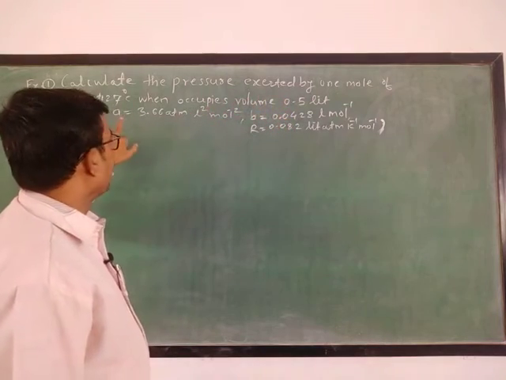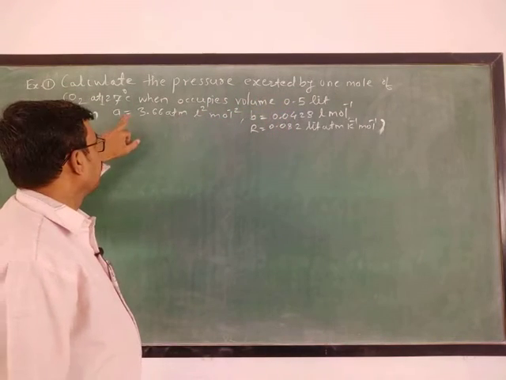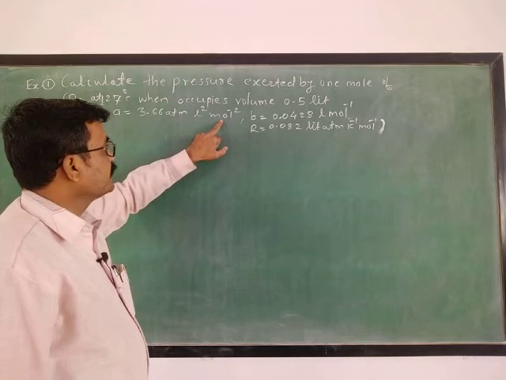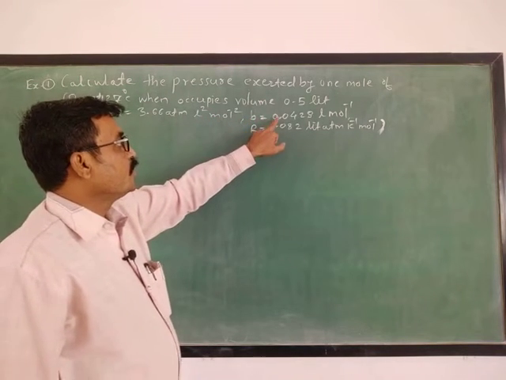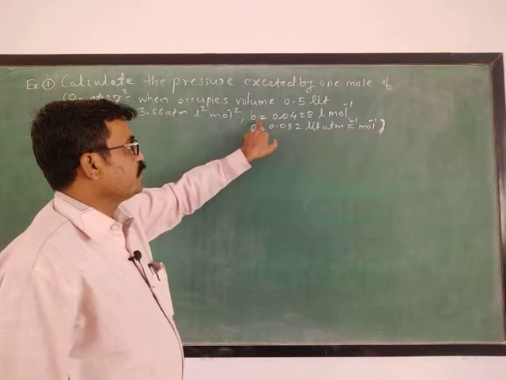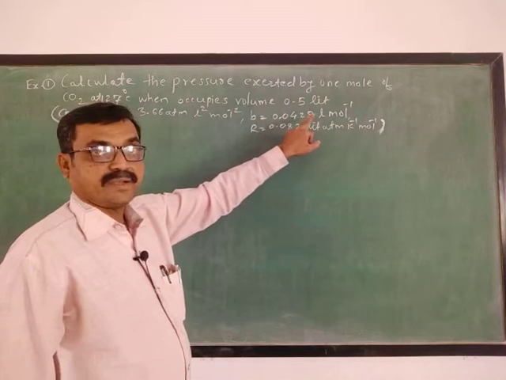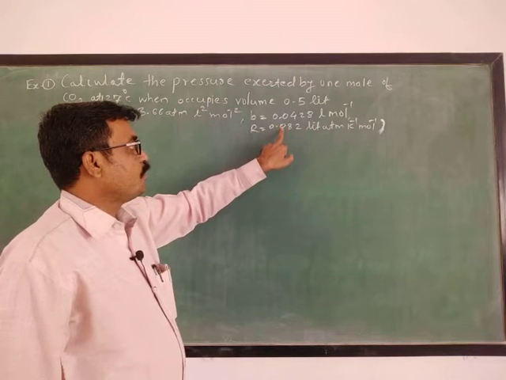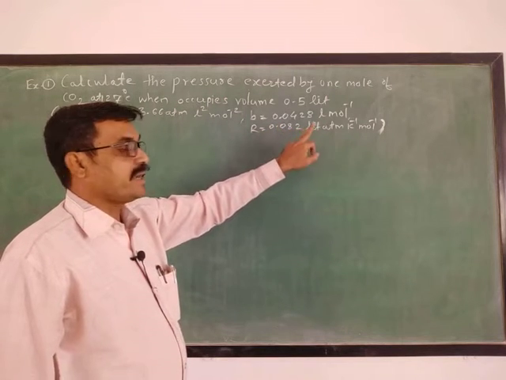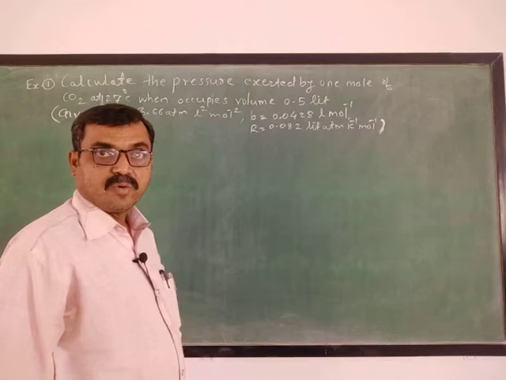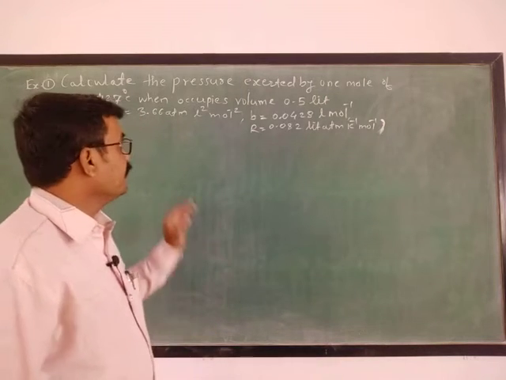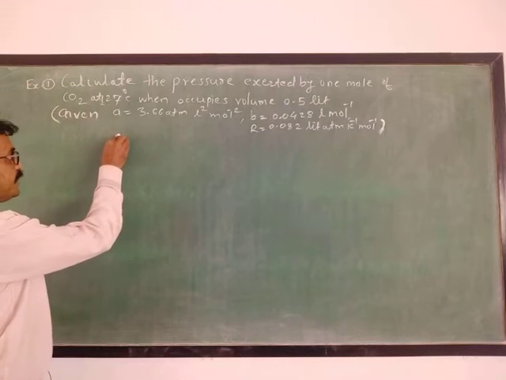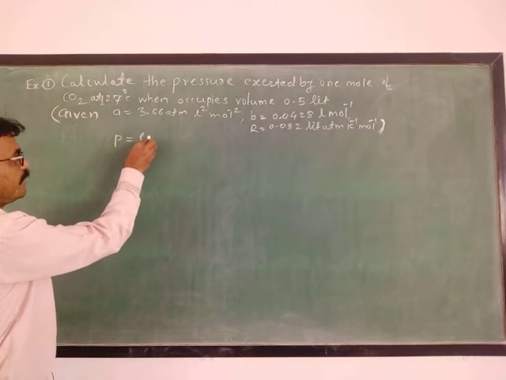Given van der Waals constant A is 3.66 atm liter square per mole square, B equals 0.0428 liter per mole, and R equals 0.082 liter atmosphere per Kelvin per mole. Now in this example we have to calculate the pressure in atmosphere.